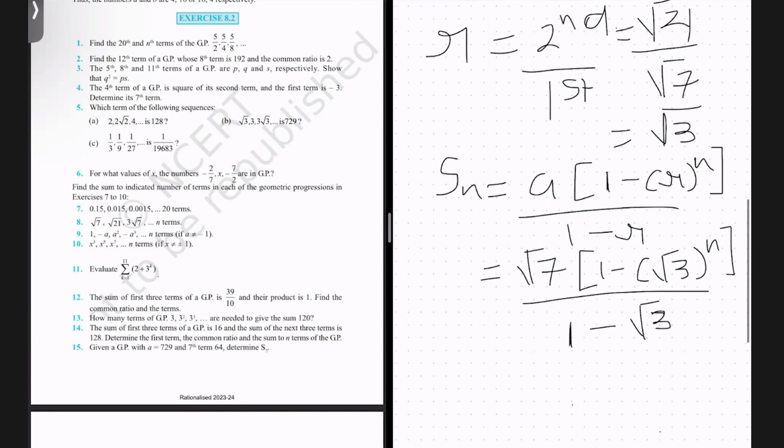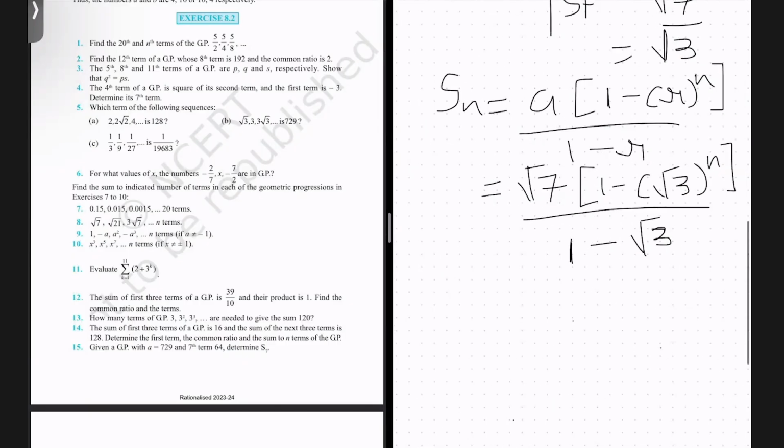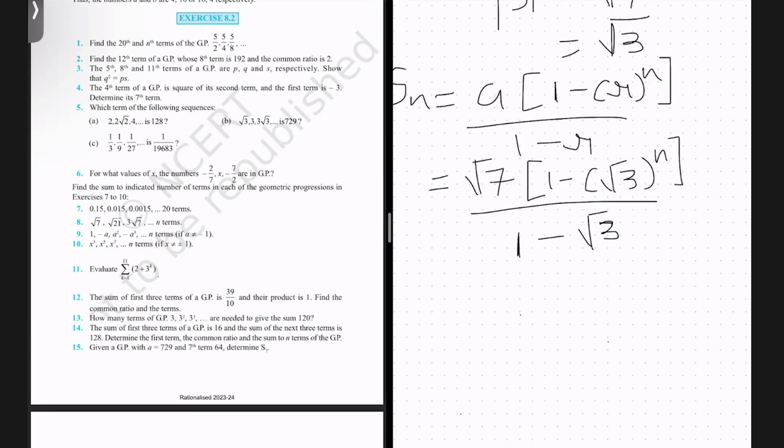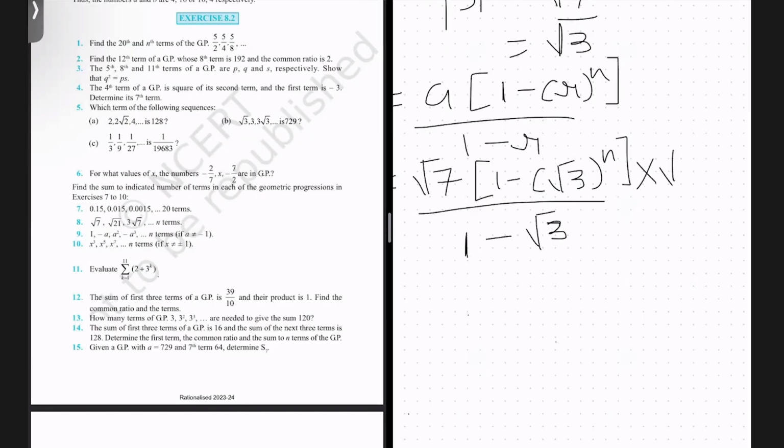Now, what I now have is some part in the denominator which is non-rational. So to rationalize this, what I'm going to do is multiply the numerator by 1 plus root 3 and the denominator by 1 plus root 3. Correct.